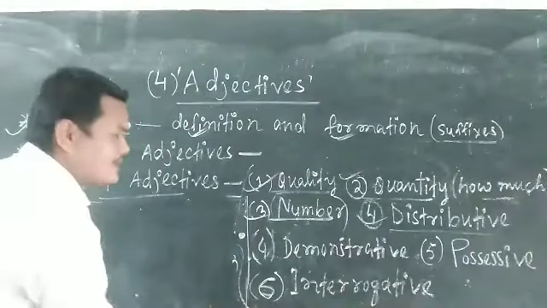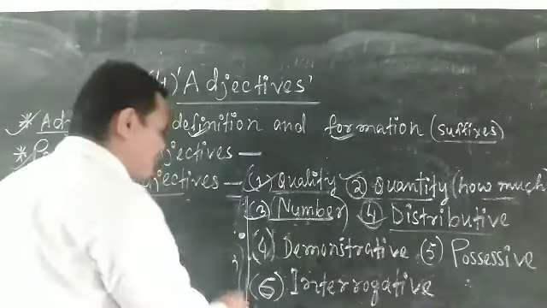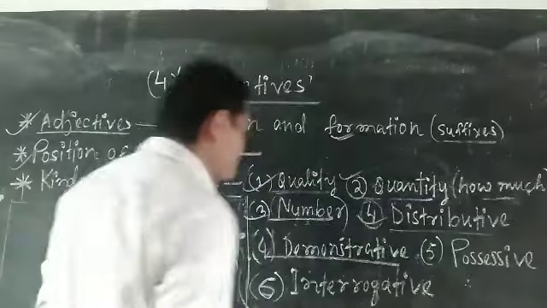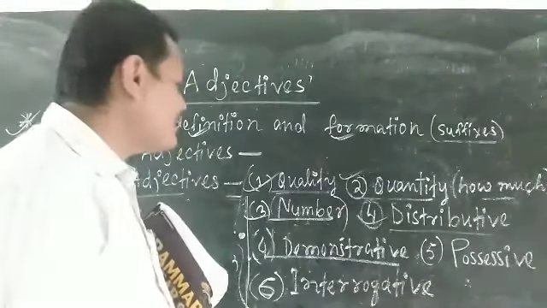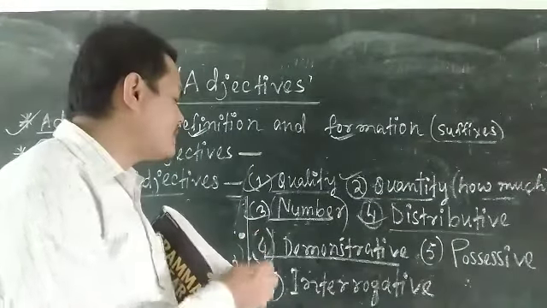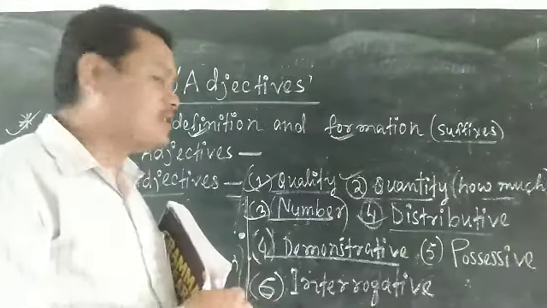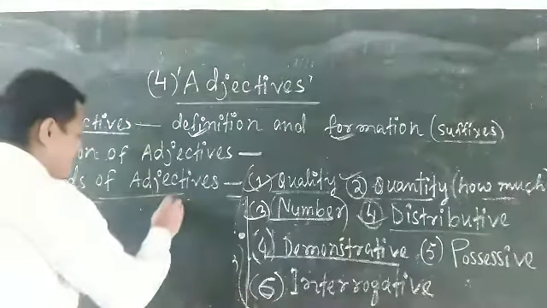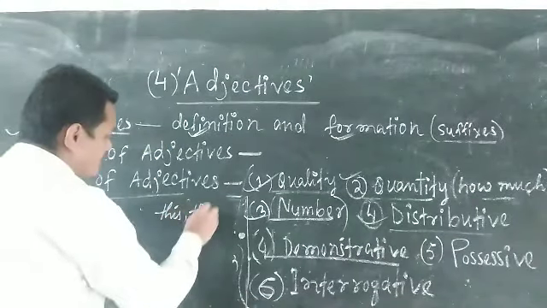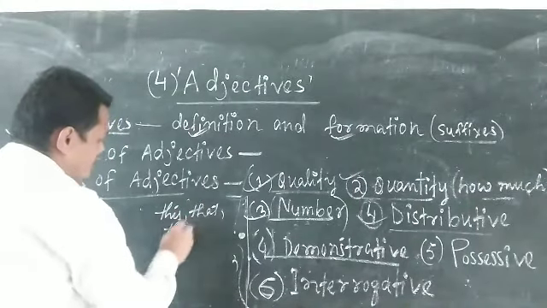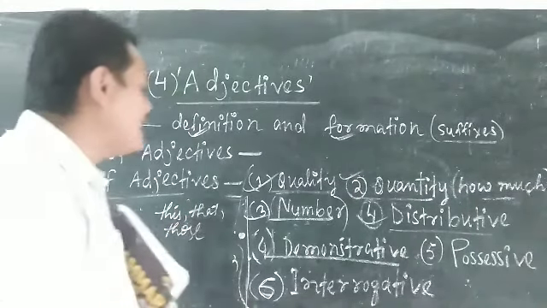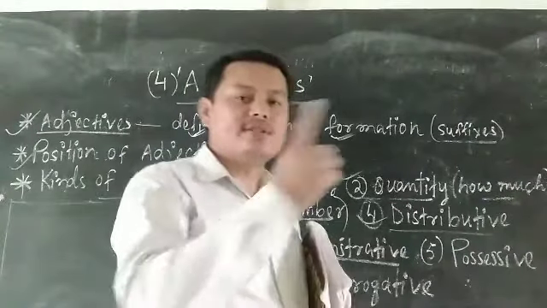And then the next kind of adjective is demonstrative. So my dear students, demonstrative adjectives are those adjectives which are used to point out the noun. For example, you see this, that, those. So these words are usually used to point out the noun.